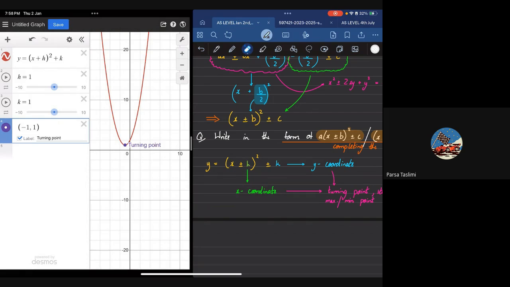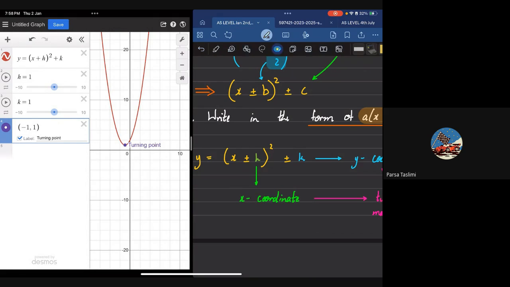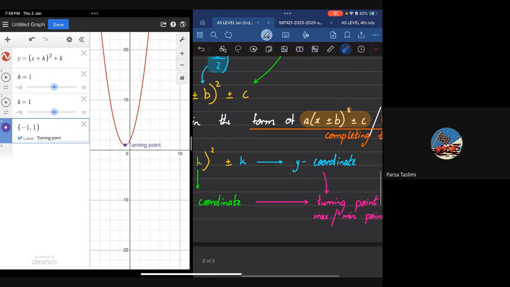So what is going to happen is that when you're writing it down in the completing the square form, your H value, the constant which is inside the bracket with X, turns out to be the X coordinate of your turning point, and your K, the constant which is outside of the bracket, turns into your Y coordinate.